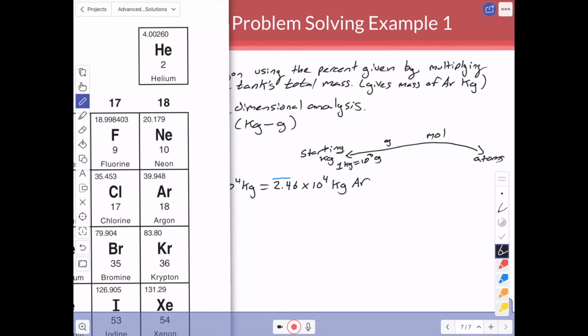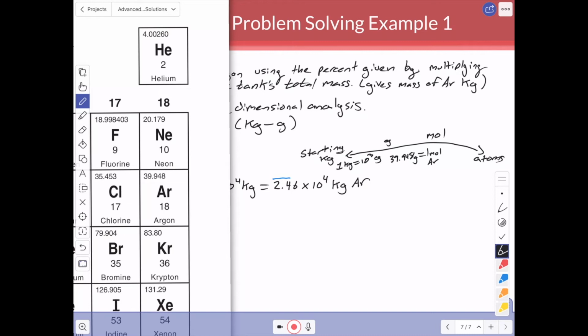So, grams to moles is our next, right? So how many grams are in 1 mole? Well, that's the atomic mass, right? Or the molar mass. 39.948 grams equal 1 mole for argon.